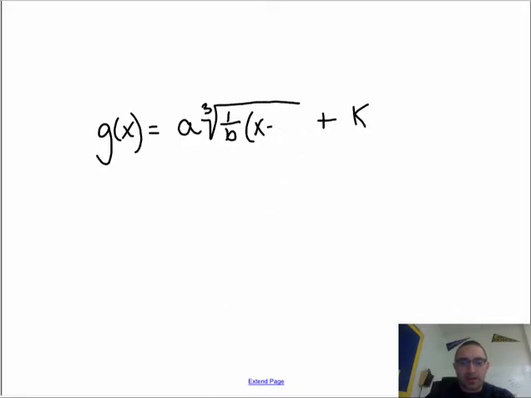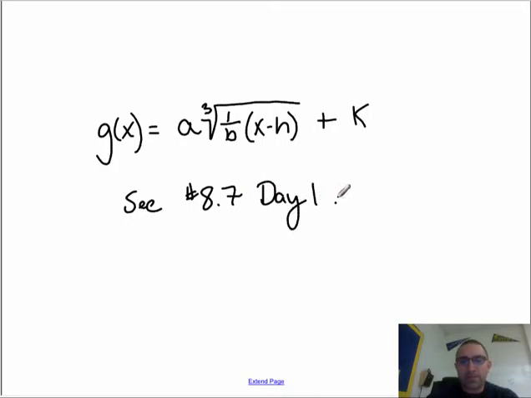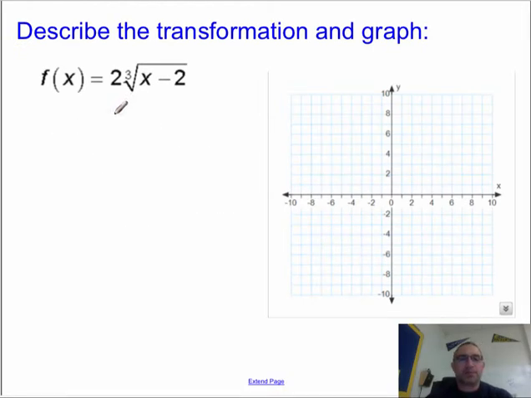Take out the A, and actually that's going to be an H. So all the same rules apply as we had yesterday for the square root function, and you can see 8.7, day 1 notes for that information. Okay, so let's move on and let's do some graphing.